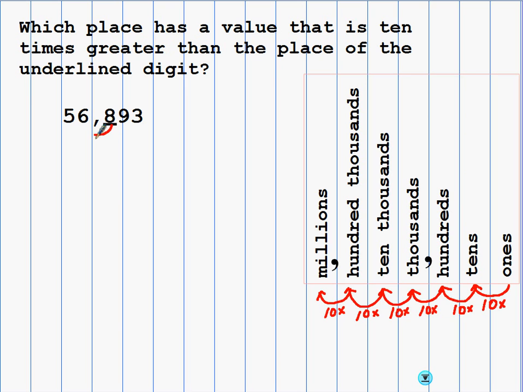So we'll do just like we did on our place value chart. We'll make a little arrow this way, and we'll even label it 10 times, or 10x. And that tells us that this place, where the 6 is in this particular number, is 10 times greater than this place. Now, what place is this? Well, if I look at my place value chart, I can see that that would be the thousands place.